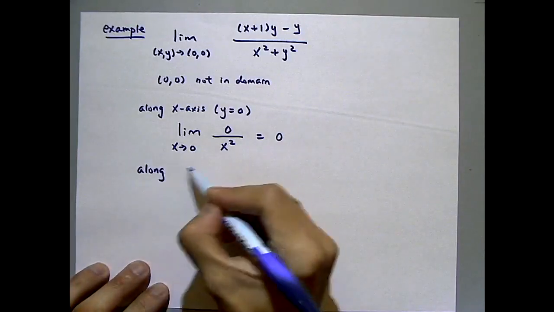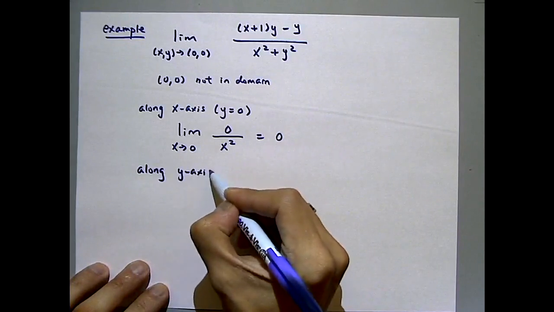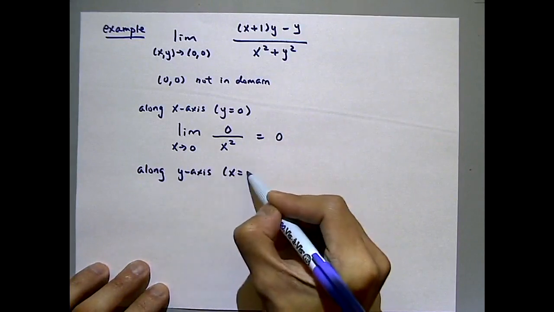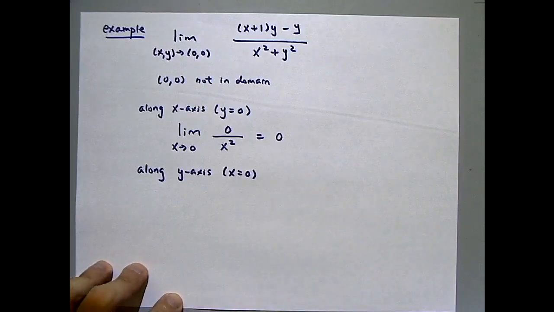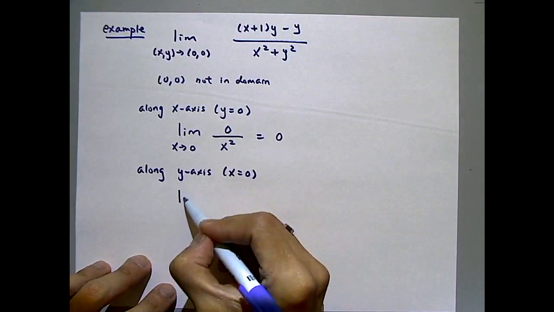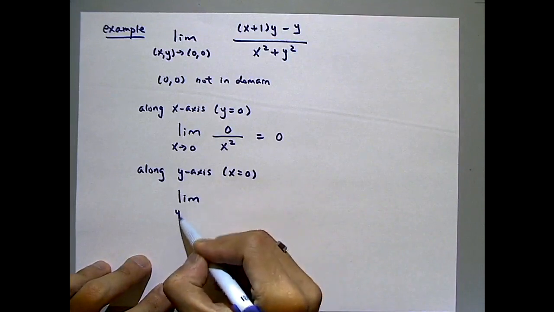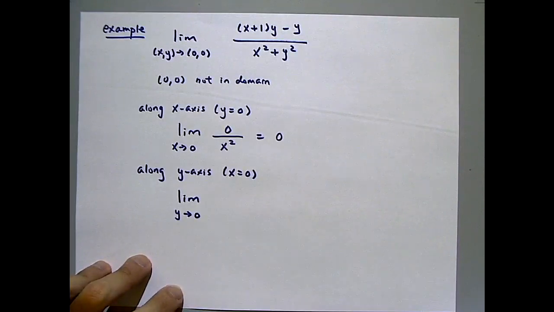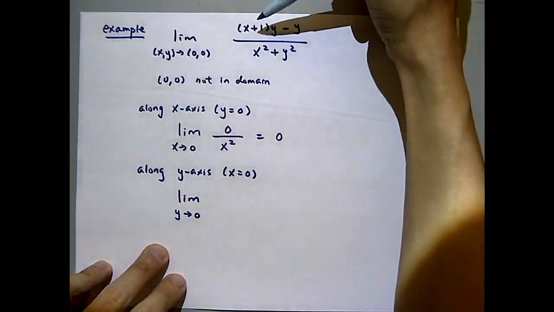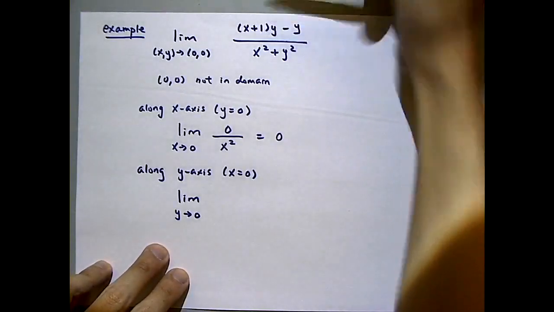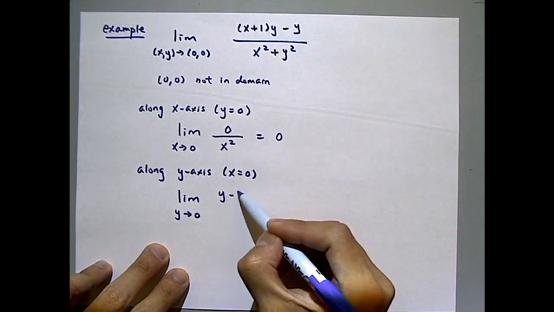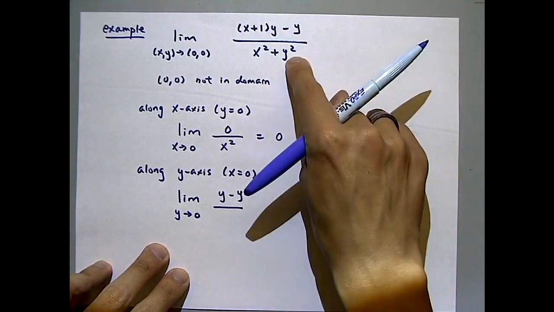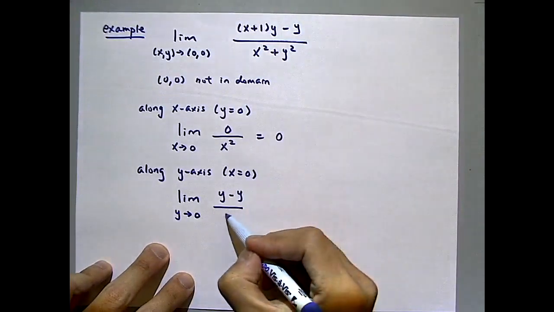All right, along the y-axis, this time x is constrained to be 0, and y is allowed to be free, but going to 0. So upstairs we get 1y minus y. Downstairs we get y squared.